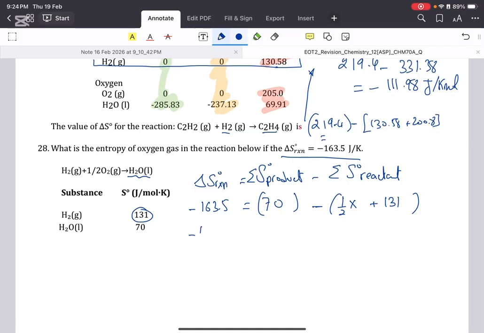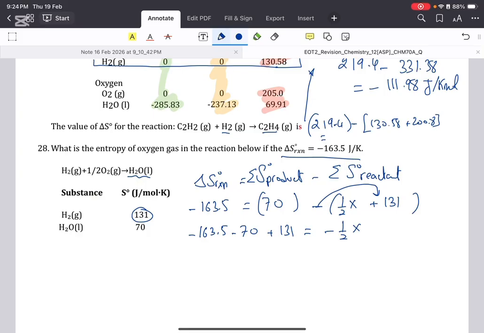So negative 163.5 equals 70 minus the half O2 plus 131, and I'm going to take it to the other side. Now let me do those calculations just to make sure that I have the right answer.